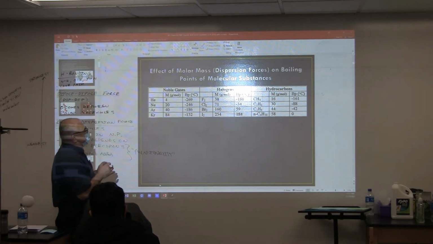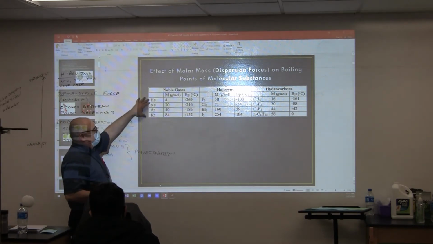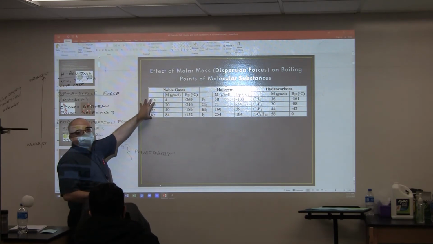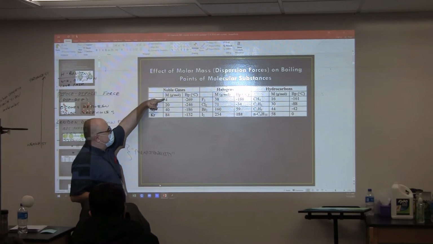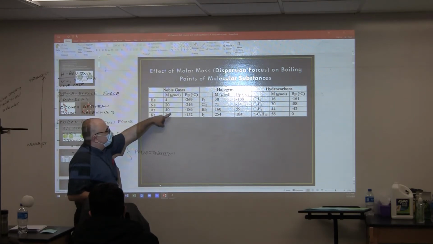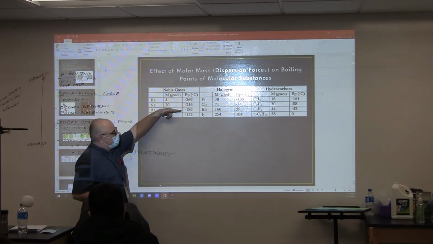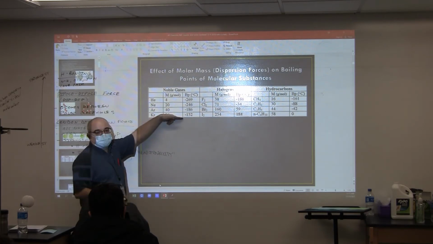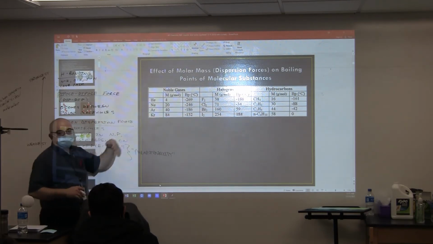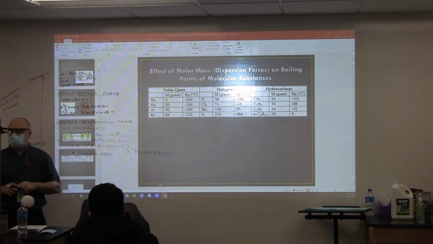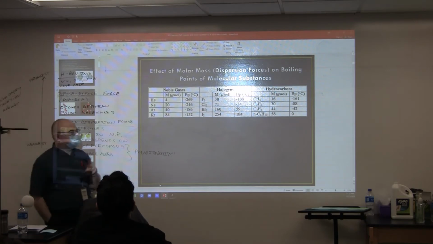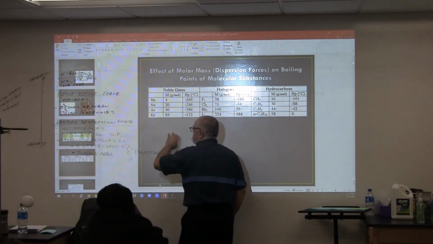So take a look at the noble gases, where it's just really these very weak dispersion forces between the atoms. Here's their molar masses. Notice the boiling points. Why are the boiling points getting higher, meaning more positive, as we go down this list? What must be the reason? Not electronegativity, because these are all monatomic.